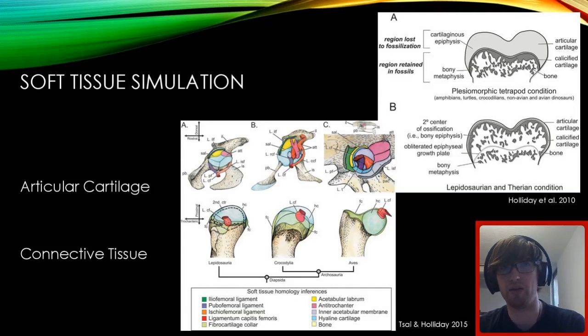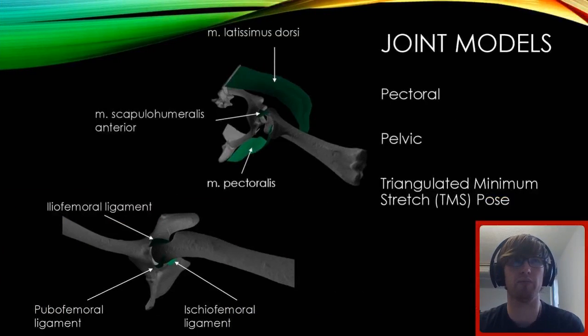So the other one we had to look at was the connective tissues. These are soft tissues that will constrain your range of motion, and we needed to simulate those. And for this, we have used the ones that have the most control over the joints that we were studying. So when you combine these things, you end up with joint models that look like these. I am, again, going to remind you not to post the pictures of these as they are still being published.